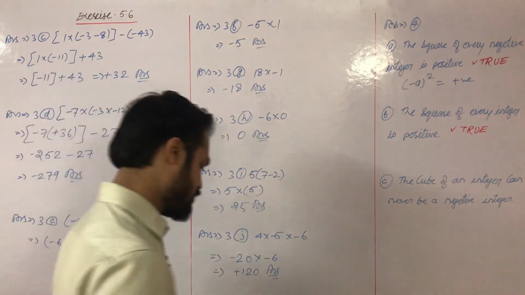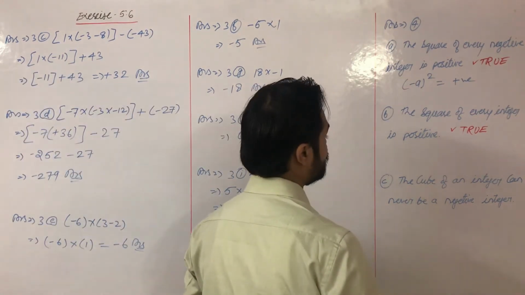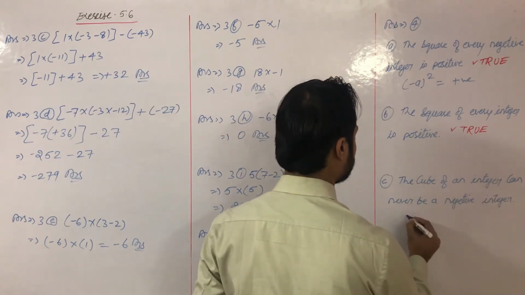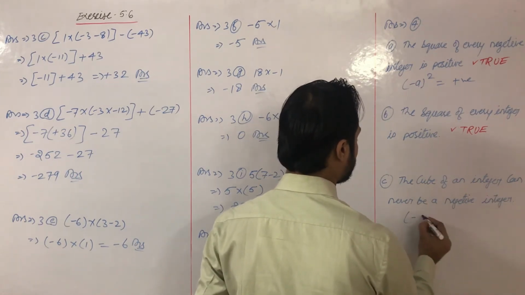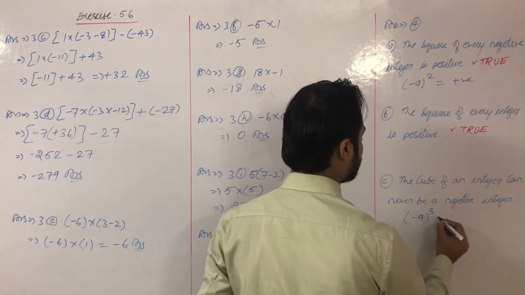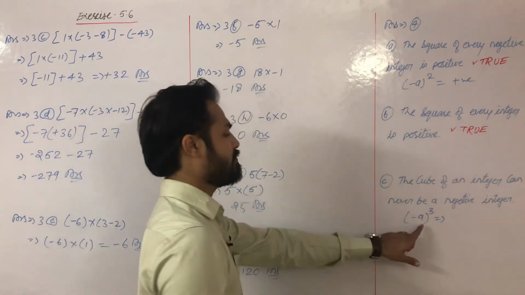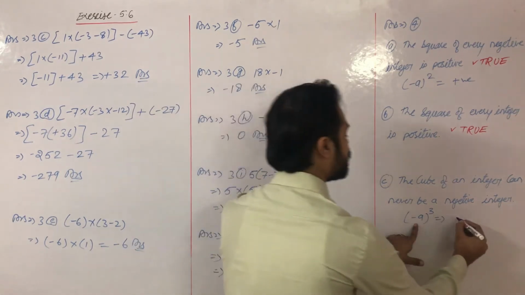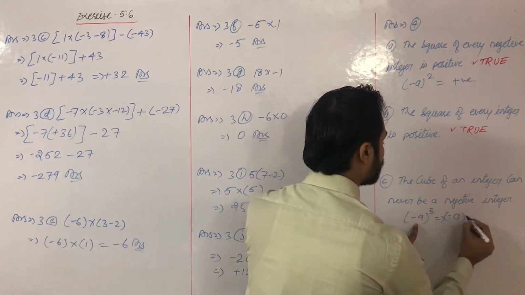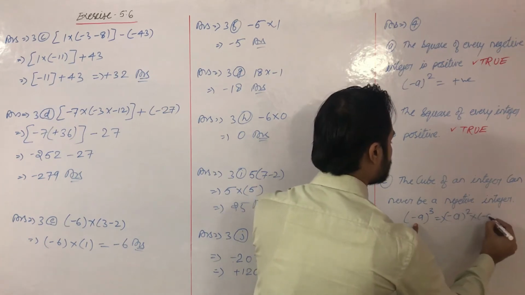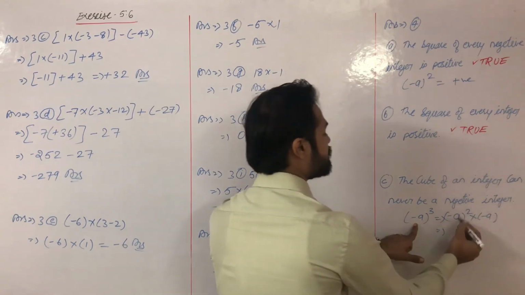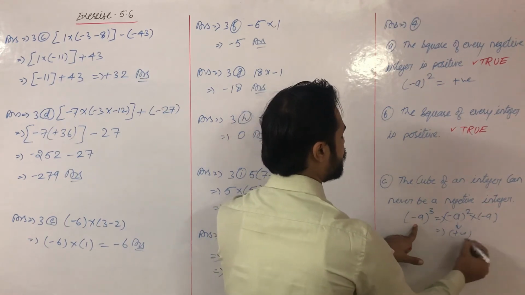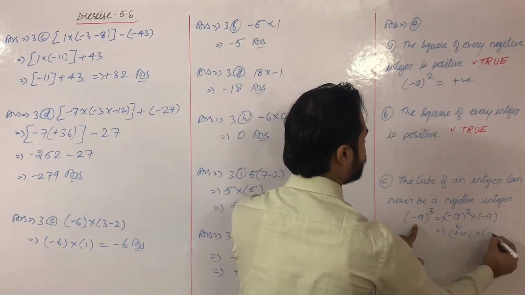No, it's not true for all cases, because in some cases, if your integer is a negative integer like minus a, then the cube will be a negative integer, because minus a to the power of 2 into minus a. Here the squared part is a positive integer, and this is a negative integer.